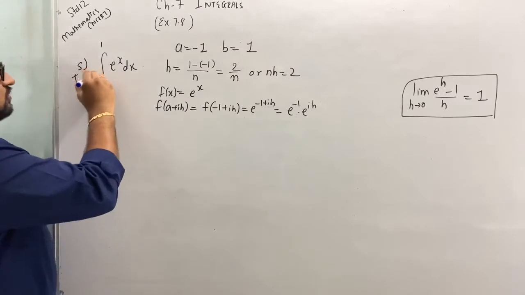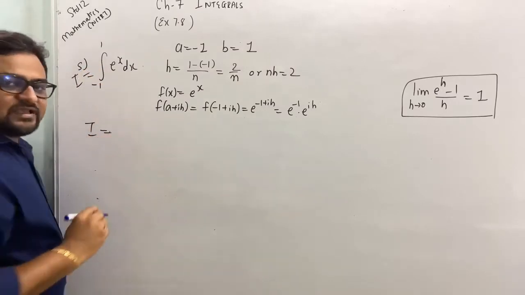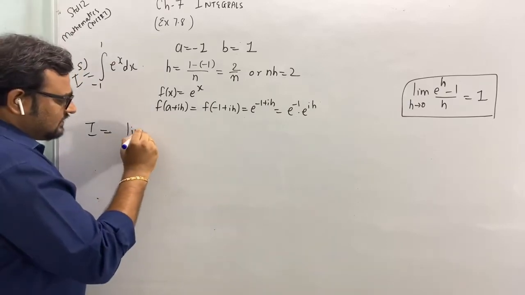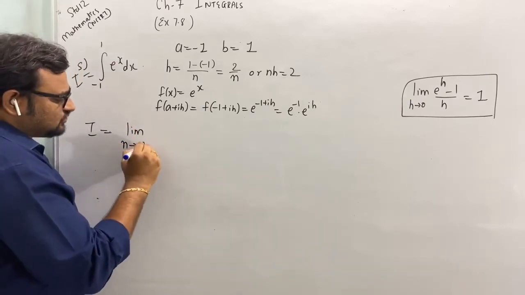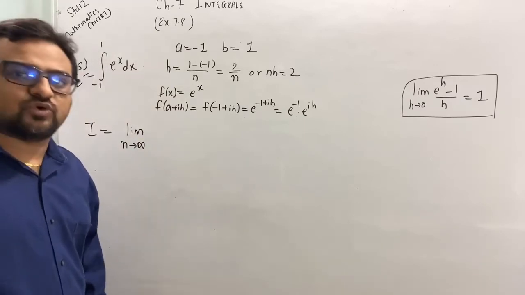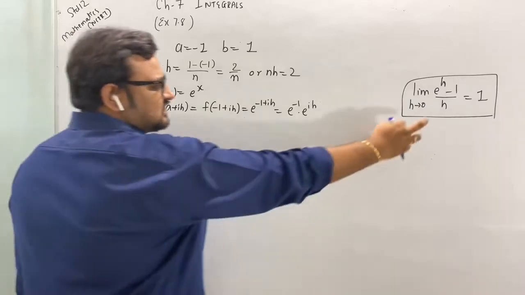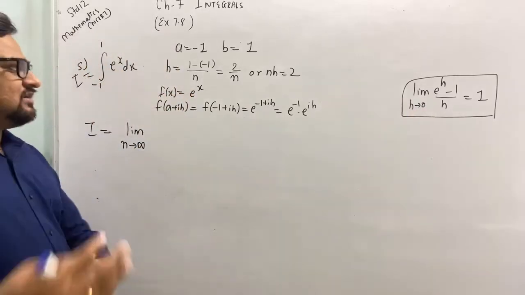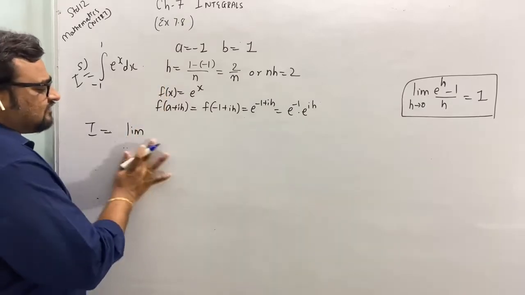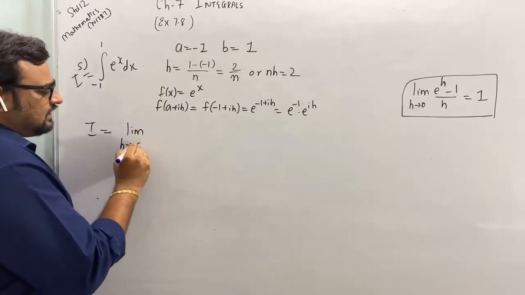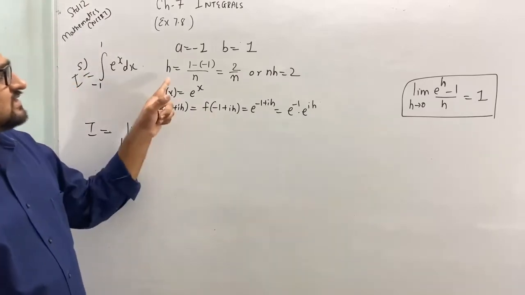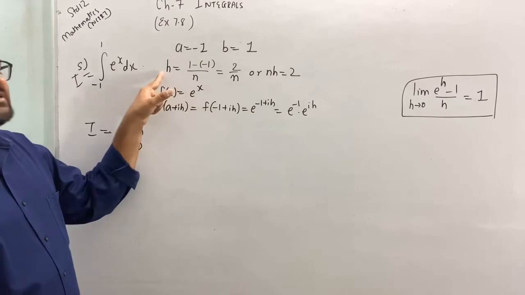So now our I is equal to limit n tends to infinity, or h tends to 0. I will be using this formula here. Whenever there are questions like e raised to x, at that time instead of n tends to infinity I will take h tends to 0, because n tends to infinity means h will tend to 0.